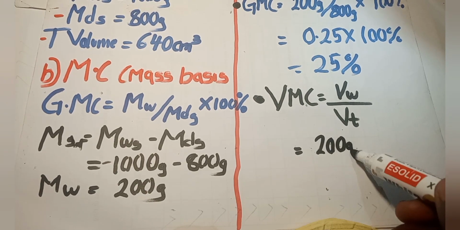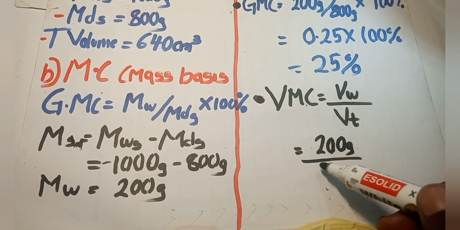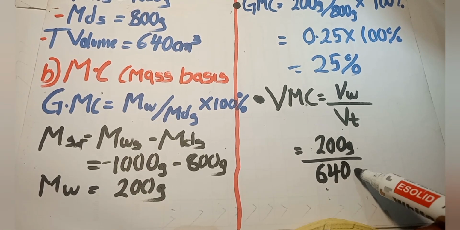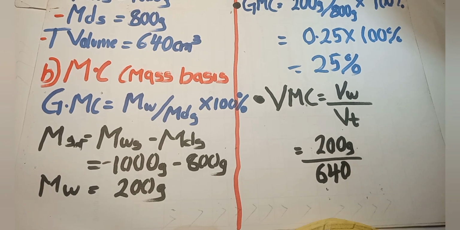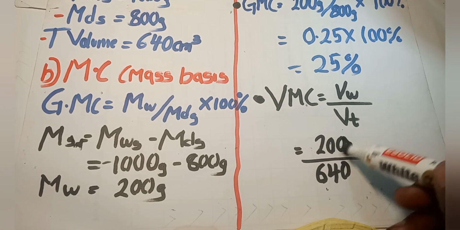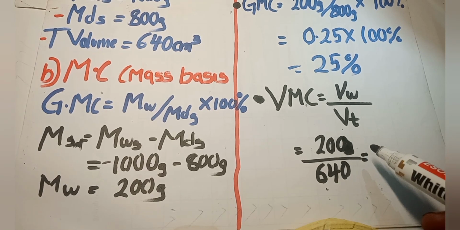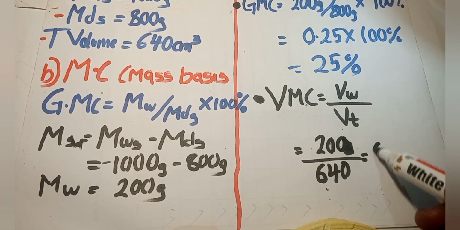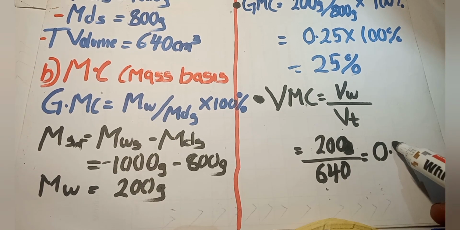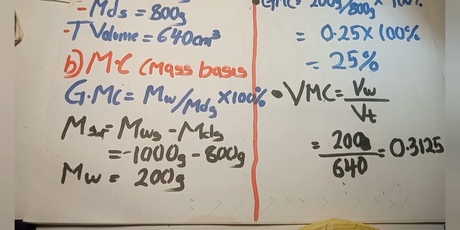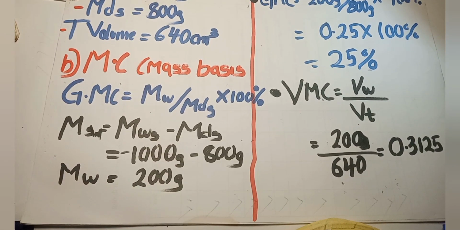200 over the total volume. What is the total volume? The total volume is 640. So 200 over 640. If you punch your calculator, you are going to get 0.3125. This is not the final answer because we are told to calculate this in percentage.